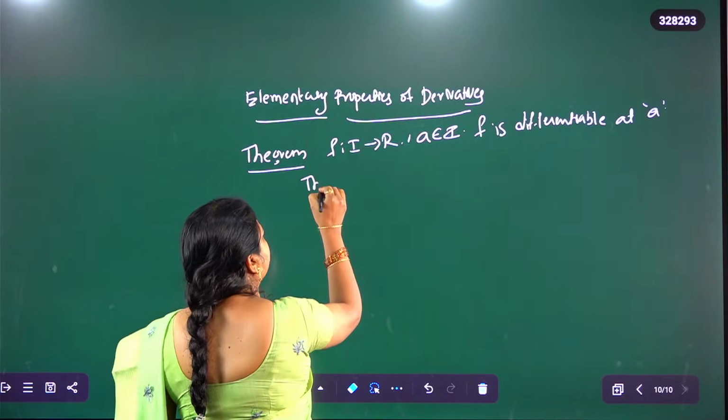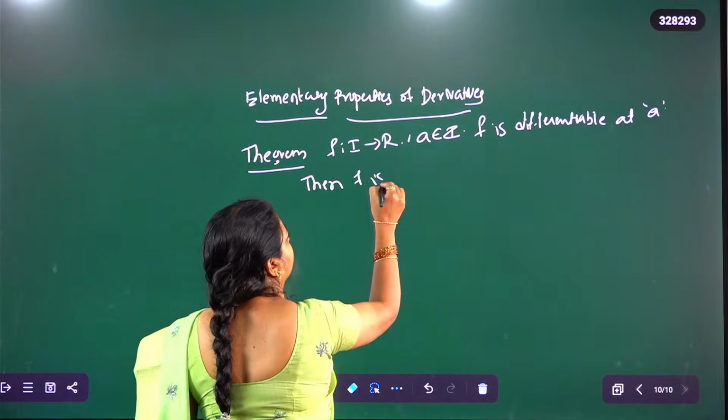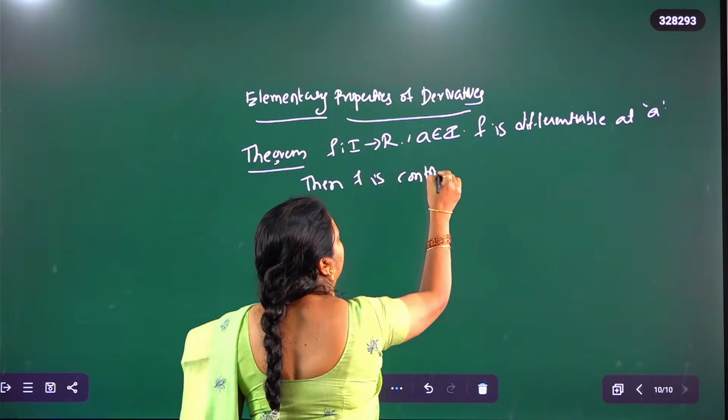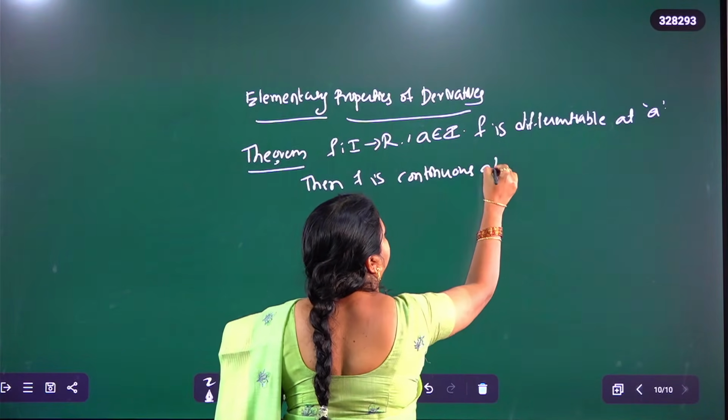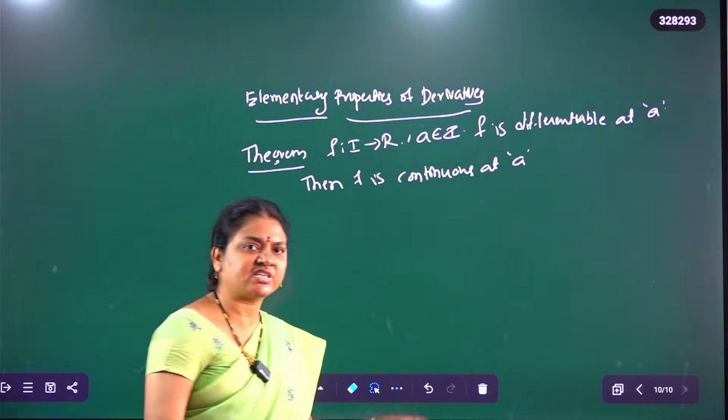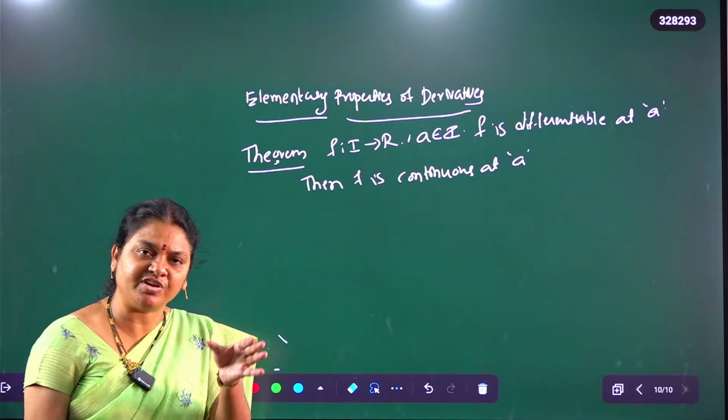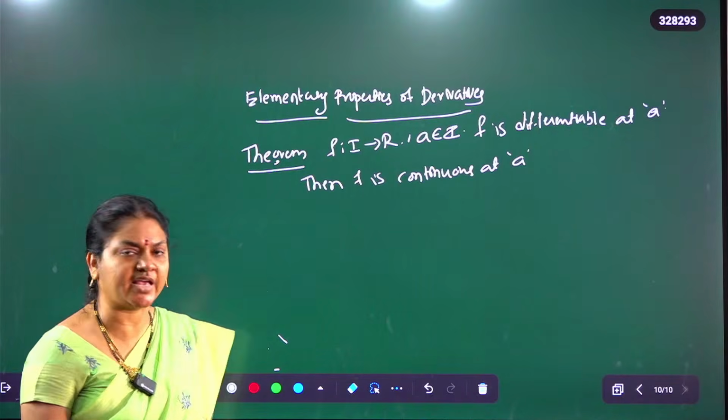Then we need to prove that F is continuous at a. That means if F is differentiable at a, we need to prove that F is continuous at a.